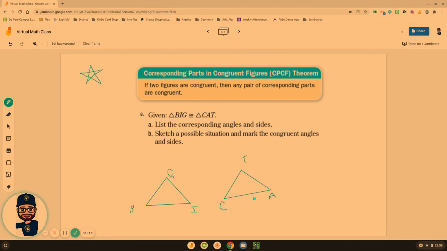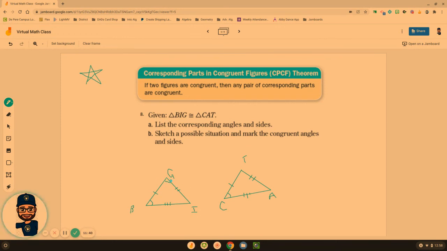Now, how do I show which ones are congruent? We use these marks. BG is the same as CT. I'm going to use 2 marks for IG to show that TA or CA has to be, and I'm using 3 marks to show that they're all different sizes potentially. Or B, that inside measure is the same as this measure.